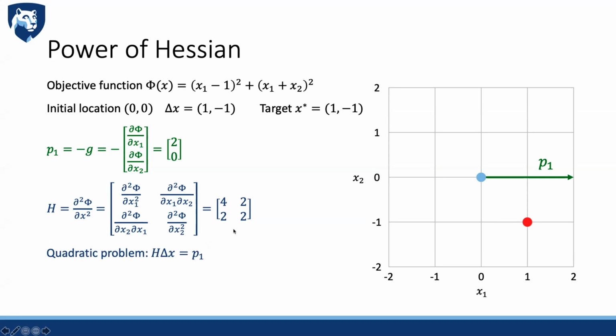And of course, we would love to go along this delta x direction. We call this direction P2, which is H inverse P1. And if we plug in everything, we get (1, -1) right here. So the gradient-based direction P1 is kind of close, but this Hessian-based direction P2 takes us directly to Happy Valley, the optimal point. And this is the power of the Hessian.